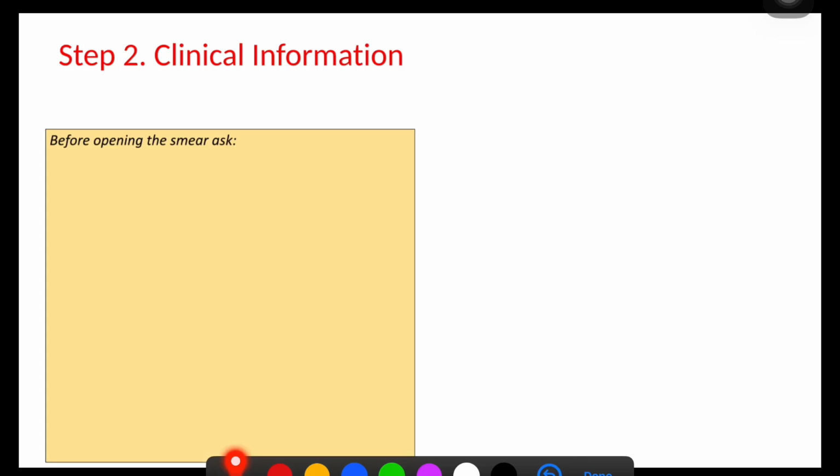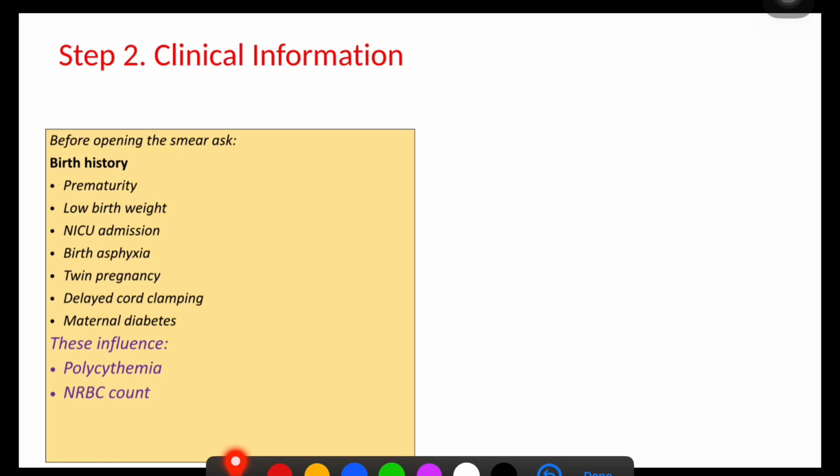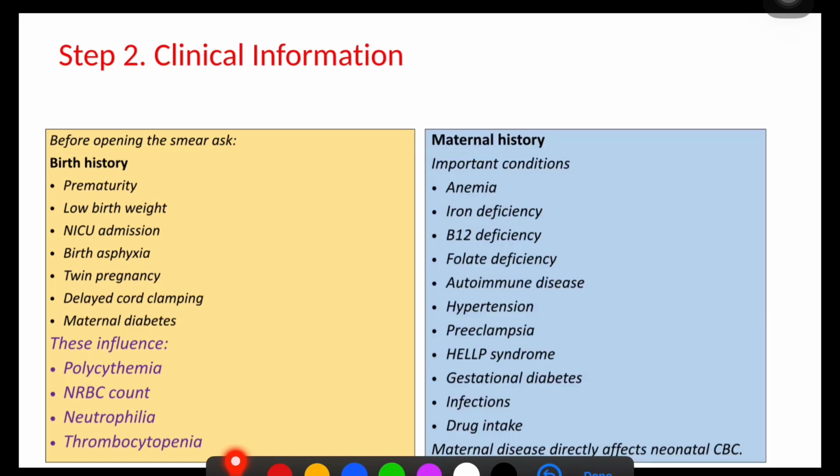Before opening the smear, ask the birth history, because prematurity, low birth weight, NICU admission, birth asphyxia, twin pregnancy, delayed cord clamping, even maternal diabetes, all these influence polycythemia, NRBC count, neutrophilia, and thrombocytopenia.